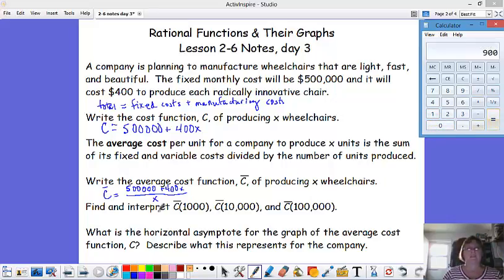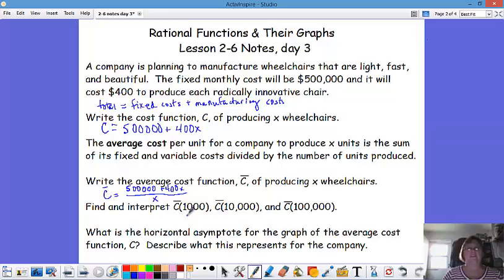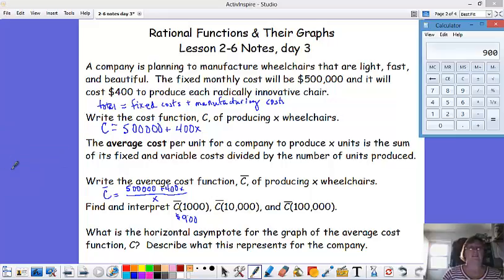And we have $900 per chair on the average if we produce 1,000 of them. Folks, that's pretty pricey. I'm not sure that a lot of people are going to buy our chair at that price, so it really will probably be in our best interest to make a few more.